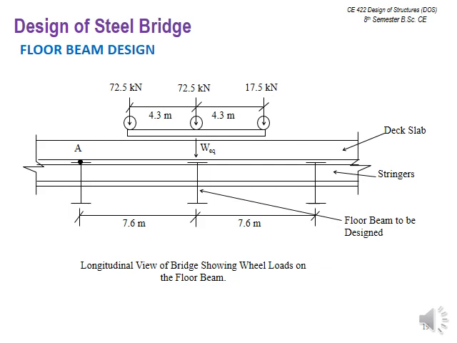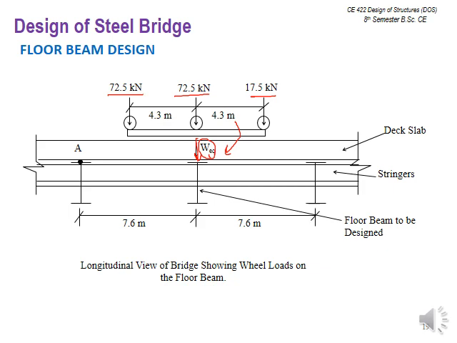To get the maximum effects, we have seen in the previous slides how to place your truck loading. So axle load, half of it 72.5, and the last one, the front wheel, 17.5. So the W equivalent, the equivalent load of this whole load on the floor beam, needs to be calculated, because the whole effect is going to be transferred over here, and that W equivalent will be the maximum effect of all these.